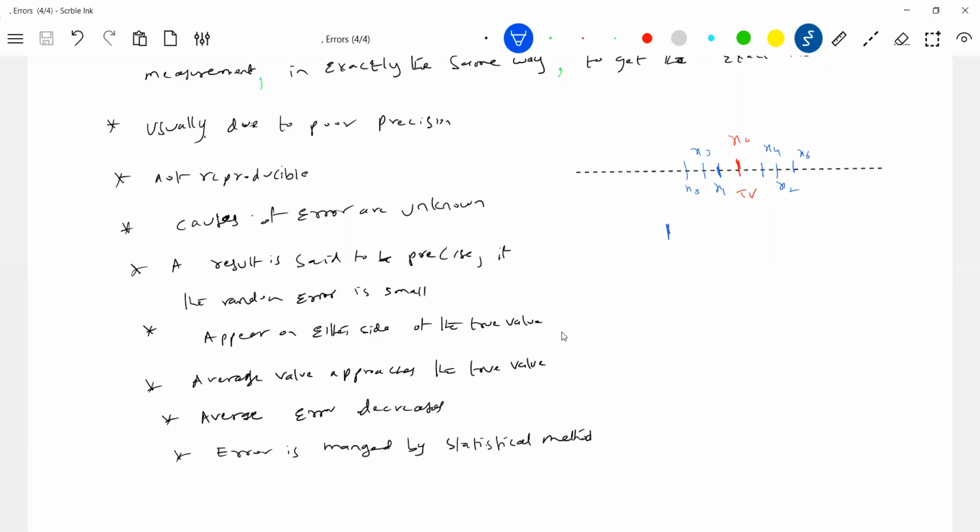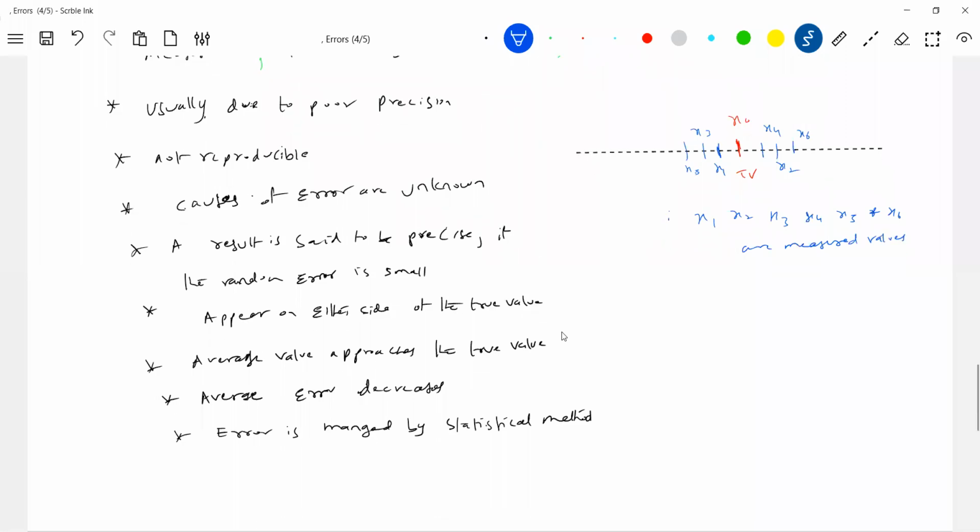What is this blue color line? These are measured values, X1, X2, X3, X4, X5, and X6. I'll show it using a graph, representing it graphically here.